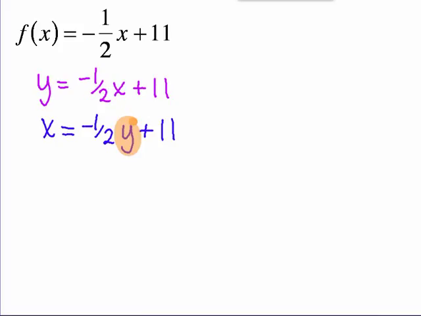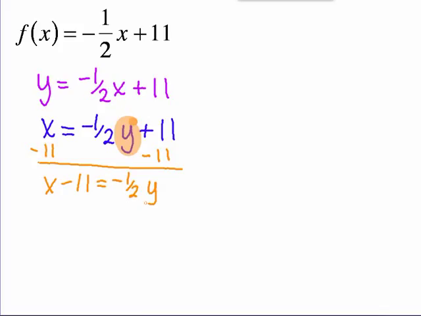So that means I want to get this right here all by itself. What do you do first? Subtract 11. Very good. So I end up with x minus 11 equals negative 1/2 y. What do you do now? Multiply by negative 2.